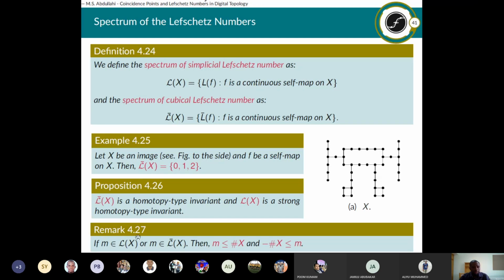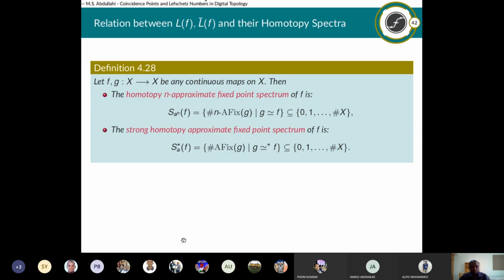And as a remark, we also note that any element M in this spectrum is always less than or equal to the number of elements in X, and the negative of the number of elements is always less than or equal to M.